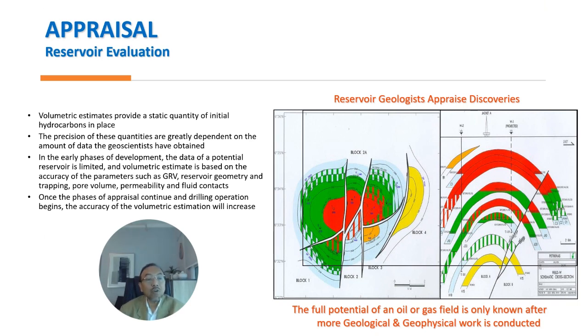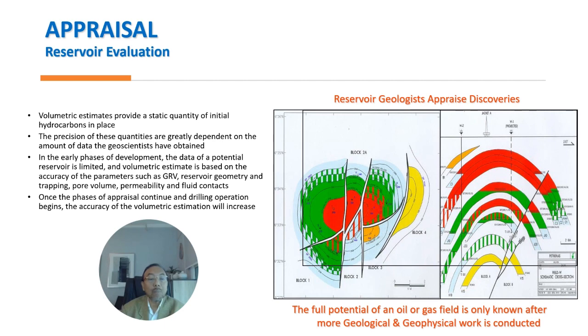Volumetric estimates provide a static quantity of initial hydrocarbons in place. The precision of these quantities is greatly dependent on the amount of data the geoscientists have obtained. In the early phases of development, the data of a potential reservoir is limited, and volumetric estimate is based on the accuracy of the parameters such as GRV, reservoir geometry and trapping, pore volume, permeability, and fluid contacts.